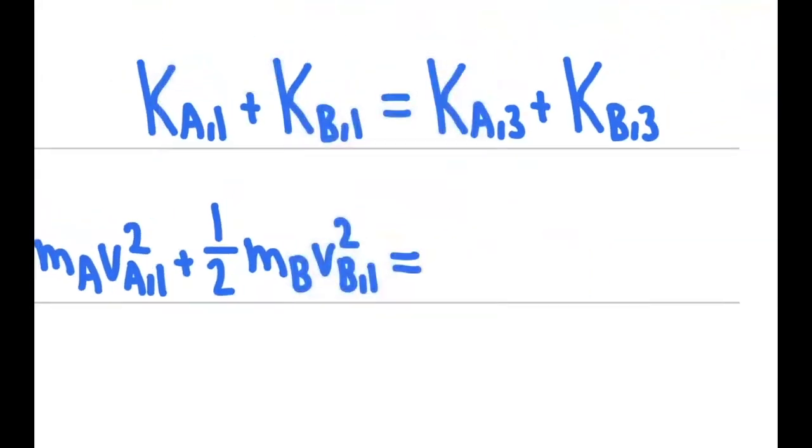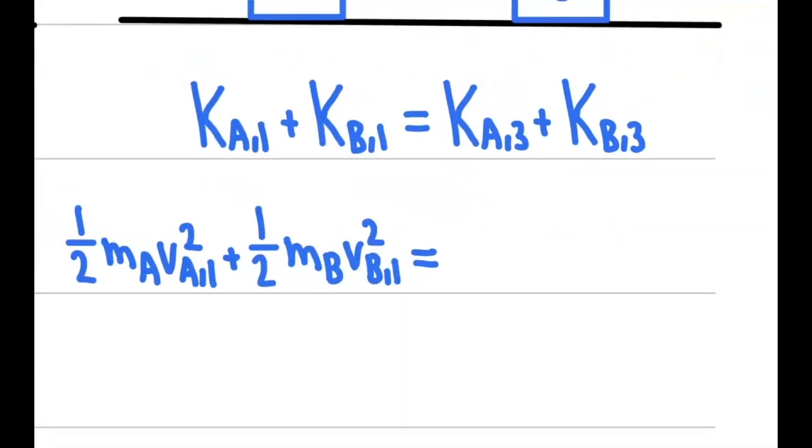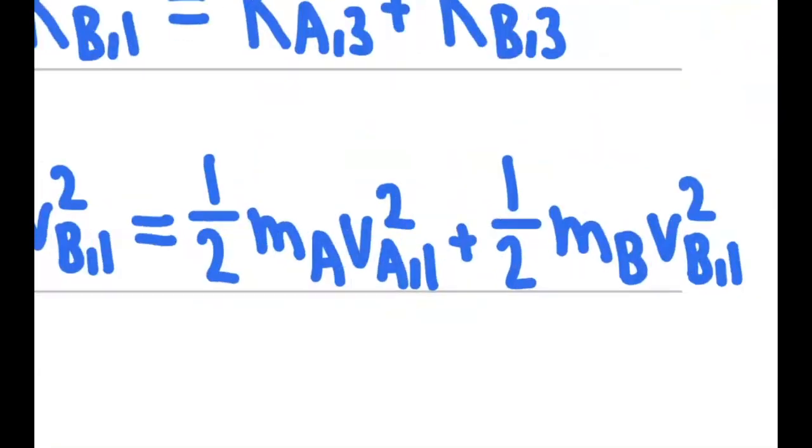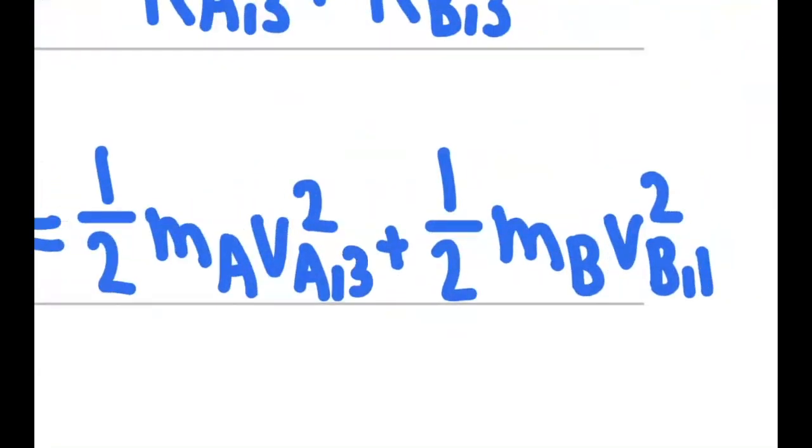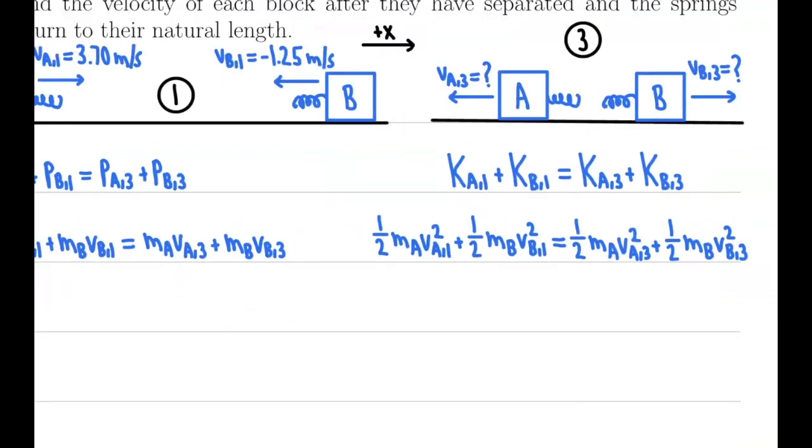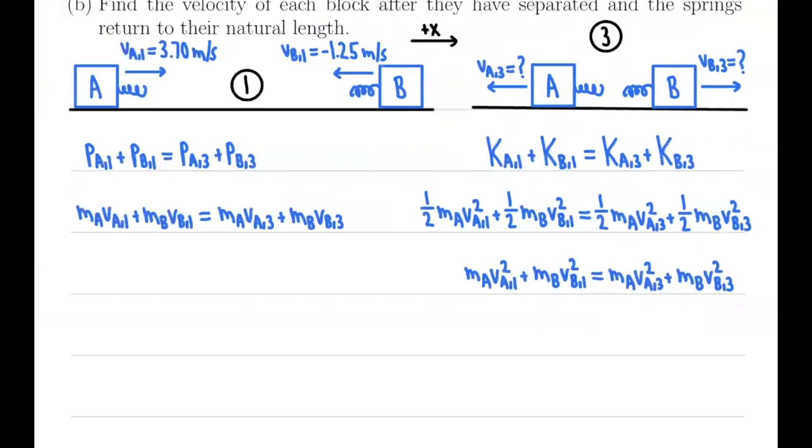And same thing for KA3 and KB3, except the velocities are now VA3 and VB3. And I can multiply both sides by 2 and get rid of all these 1/2s. So you'll get this. We now have two equations with two unknowns, VA3 and VB3. So let me plug in some numbers and see exactly what these equations look like.